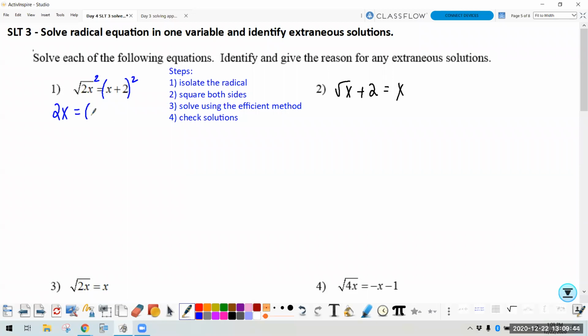But x plus 2 squared, you have to multiply by itself. Pick your method of multiplication, box method, distribute, FOIL, whatever you like.